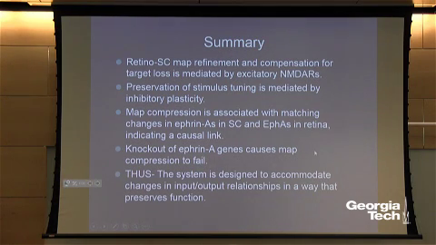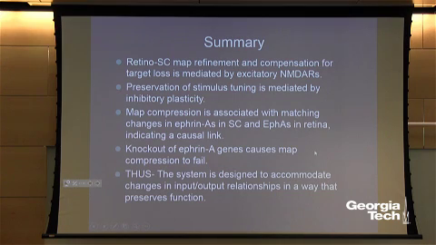But just to summarize then, I've told you how activity-dependent mechanisms through NMDA receptors can compensate and preserve stimulus tuning, so response properties. The compression requires at least ephrin-A's and maybe some other factor that help get some normal topography.